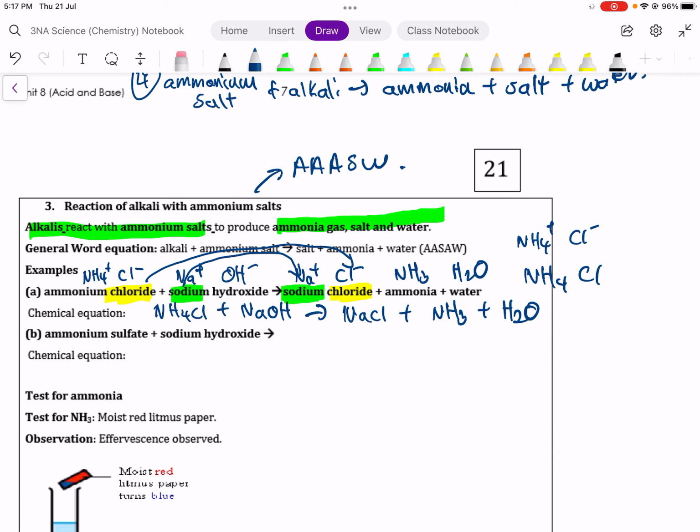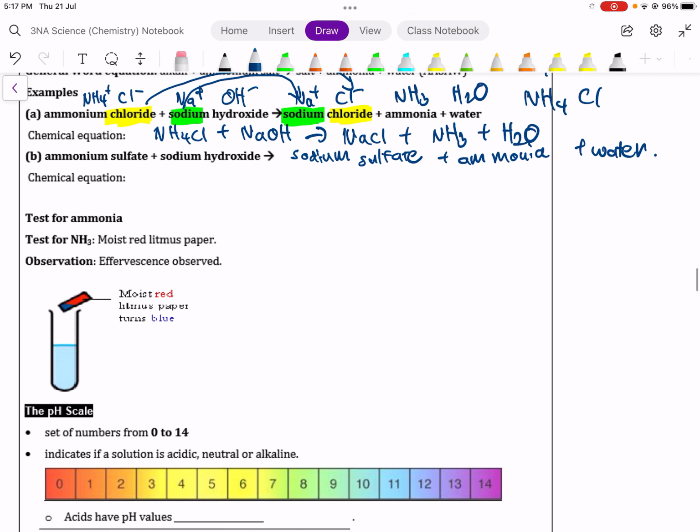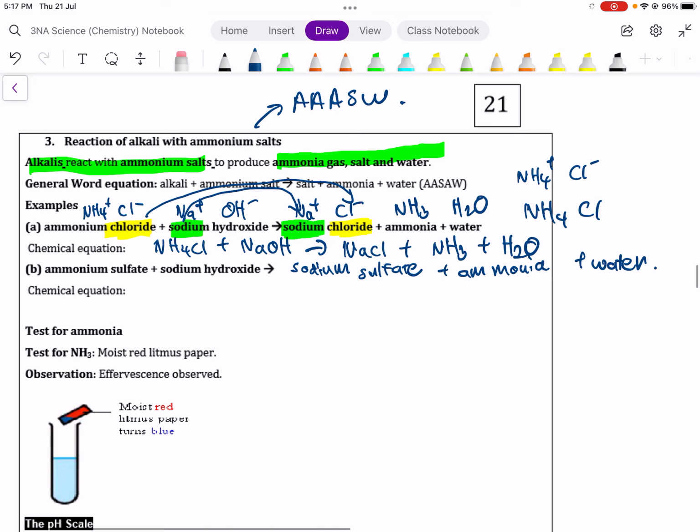Meaning to say, the next one you can try for yourself is sodium sulfate plus ammonia plus water, from ammonium sulfate plus sodium hydroxide.